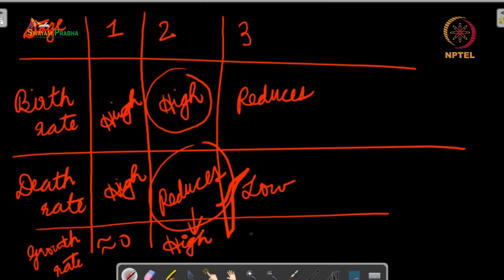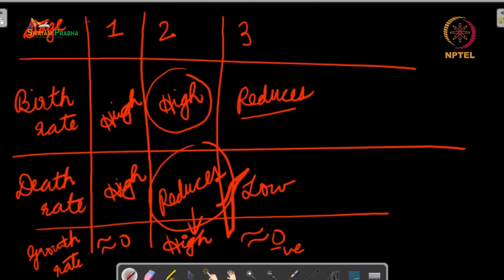And in this case, you again get to a phase where the growth rate is roughly equal to 0. Or in certain cases, the birth rate reduces so much that it can even become negative. Because we already have so many people that now an increase in the population is not required. We can actually reduce the population.